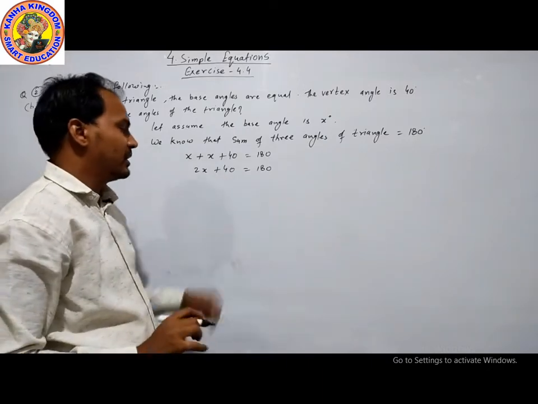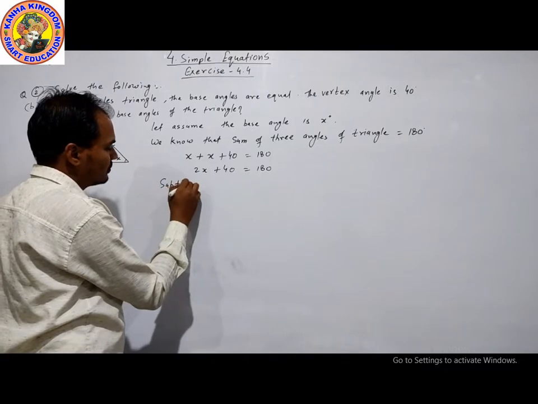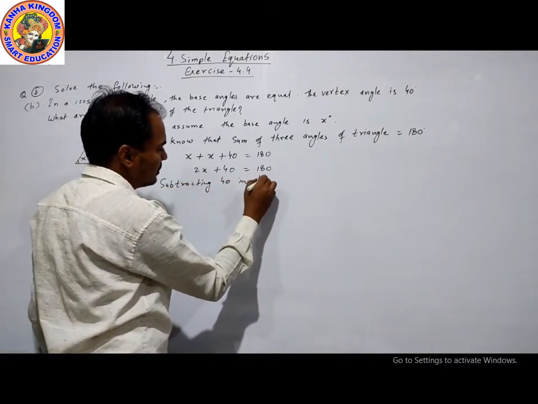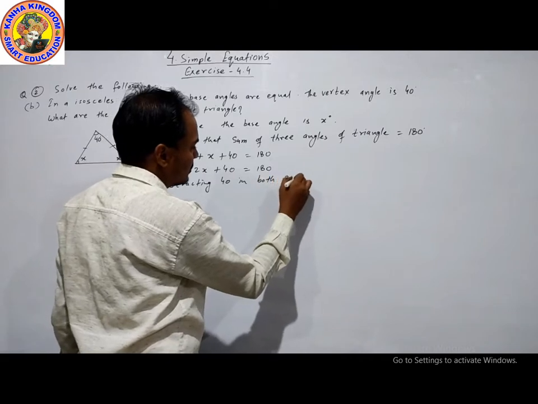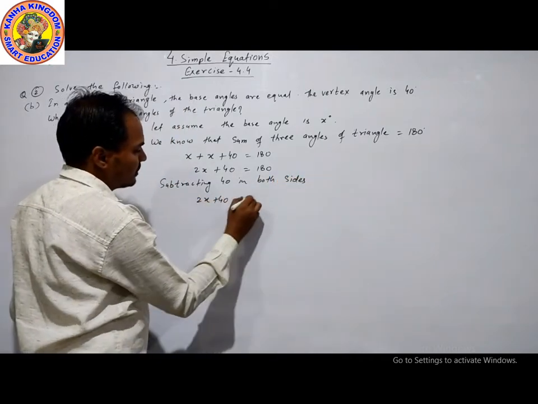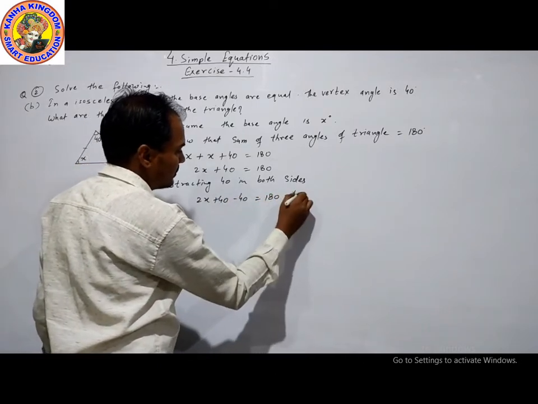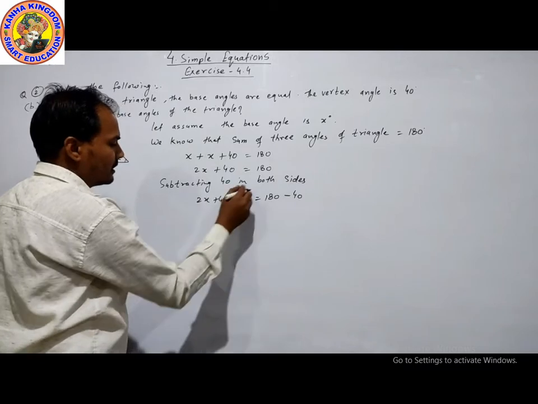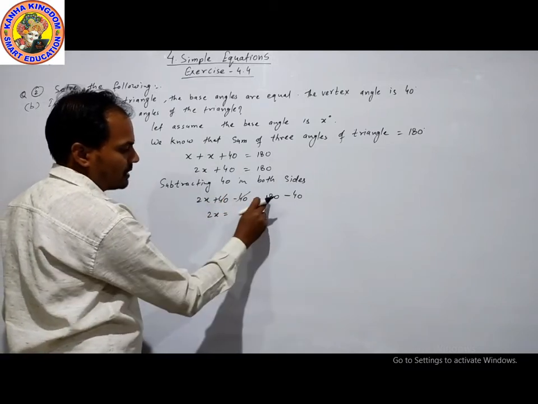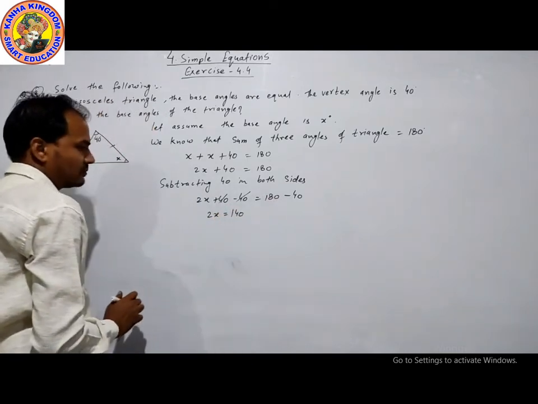We will subtract 40 on both sides. The equation is 2x plus 40 is equal to 180. 40 and 40 cancel. 2x is equal to 180 minus 40, which is 140.